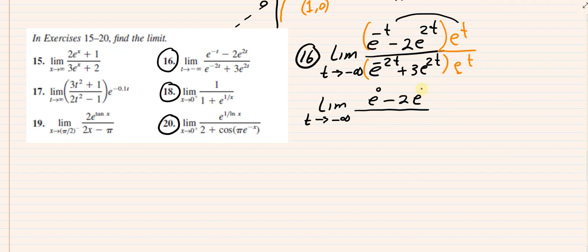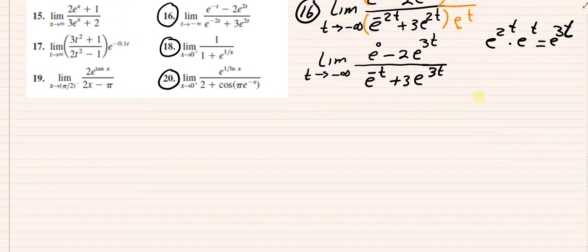Negative 2e to the power of 3t, and then in the denominator, I could have multiplied by e to 2t, but that's fine. So this is going to be e to negative t plus 3e to 3t, because when we distribute e to 2t, e to t makes e to 3t.